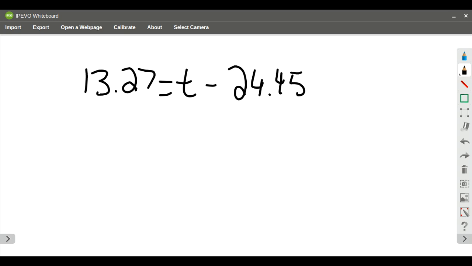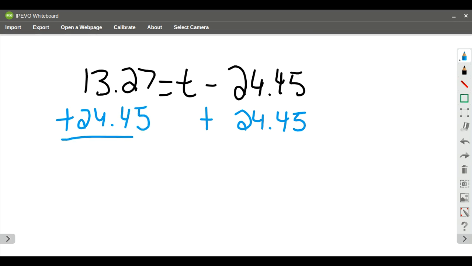To solve this problem, we're going to use the addition property of equality, which says whatever I do to one side of the equation, I have to do to the other in order to keep it balanced. And I'm adding because adding is the inverse operation of subtracting. So when I add, these go away, because negative 24 and 45 hundredths and positive 24 and 45 hundredths are opposites, and opposites are the same distance from 0 on the number line, so they're going to equal 0.